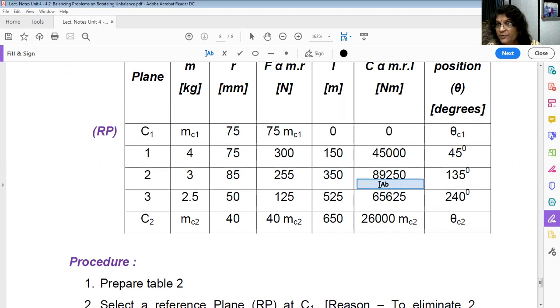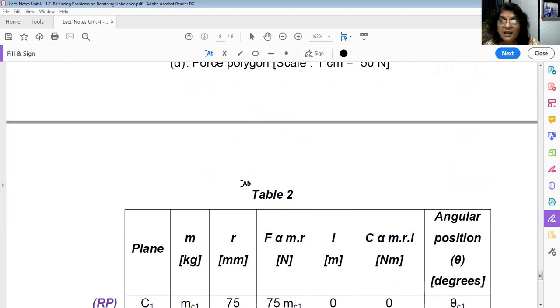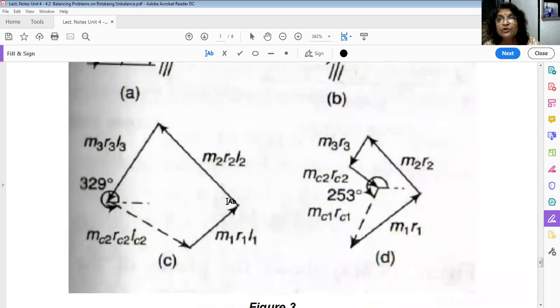So 89,250 divided by 10,000 will give you 8.92 centimeter. So you have to draw a vector of length 8.9 centimeter at an angle of 135 degree. Angles are always from the positive x-axis. So draw a rough line here, keep your protractor here, and draw a line at 135 degree angle. How much is the length of this vector? 8.92 centimeter. So you will get this point.